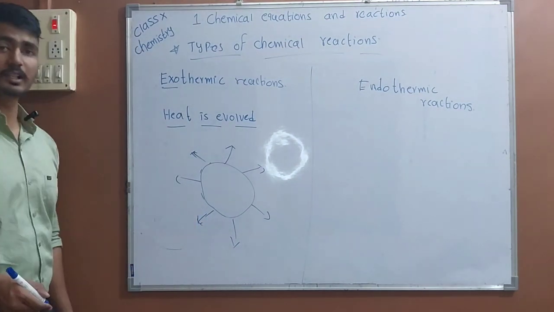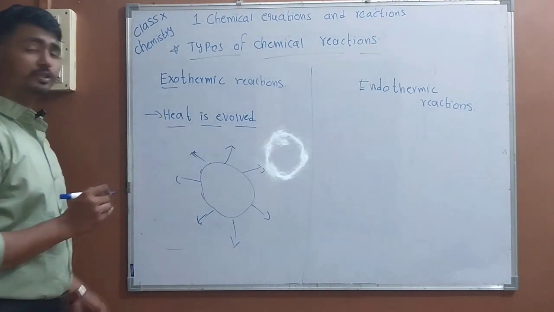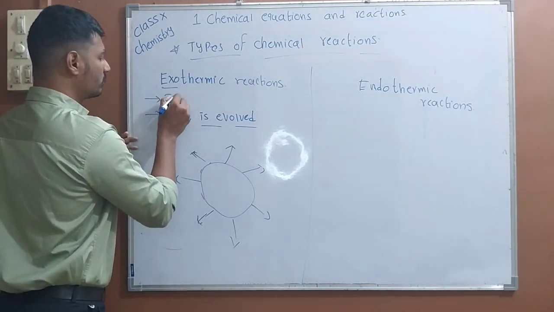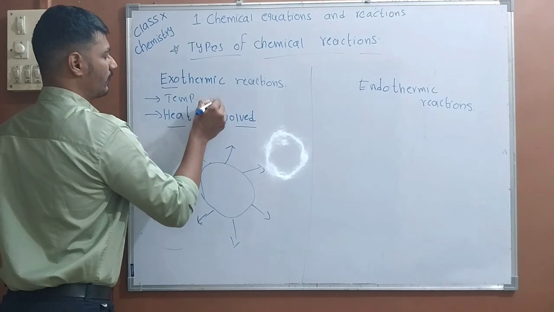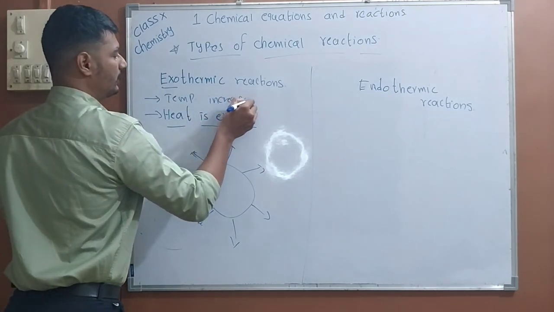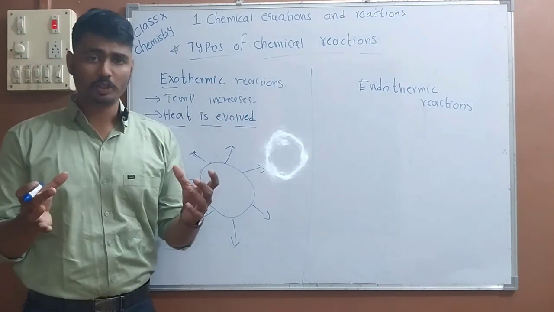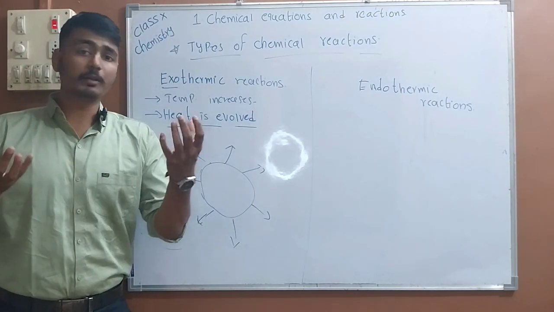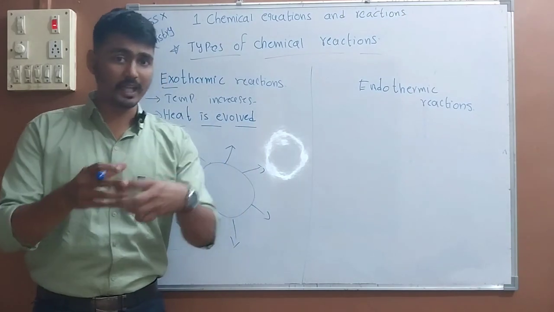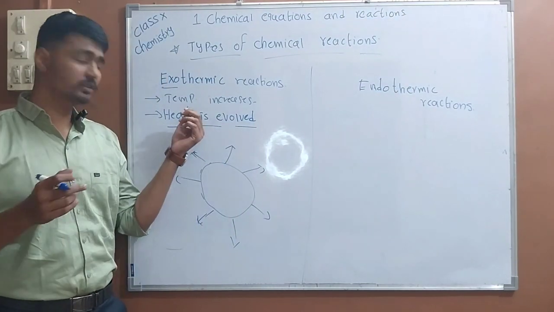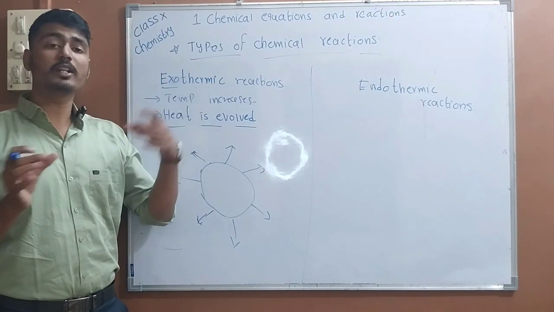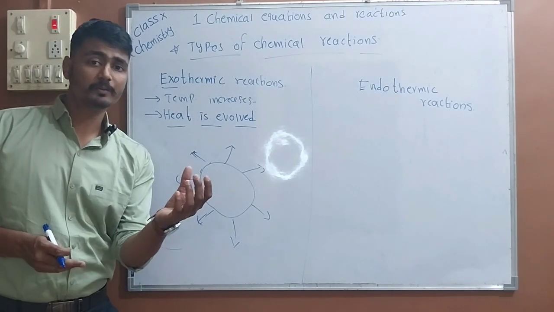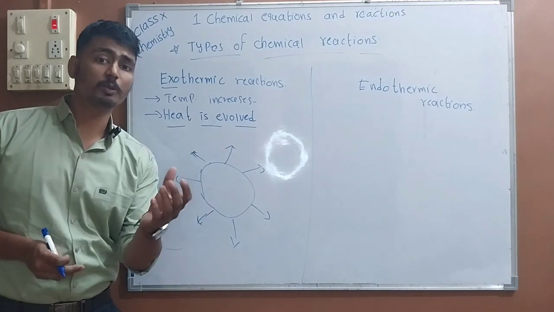In the case of chemical reactions, by evolution of heat, the temperature of the reaction also increases. Suppose we are mixing two reactants. Initially their temperature will be low, but if they form an exothermic reaction, the overall temperature will increase.